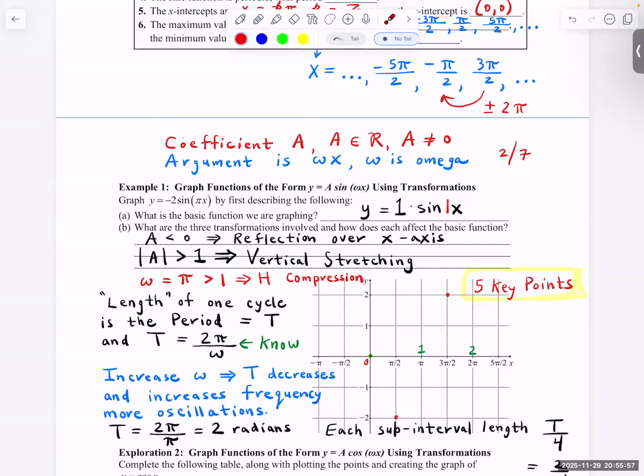Part B, what are the three transformations involved and how do they affect the basic function's graph? Now, A is negative 2, so the coefficient is less than 0, which means the parent graph, or the basic graph, is going to reflect over the x-axis. Since the absolute value of A, which is the absolute value of negative 2, is greater than 1, that means the basic graph will have vertical stretching.